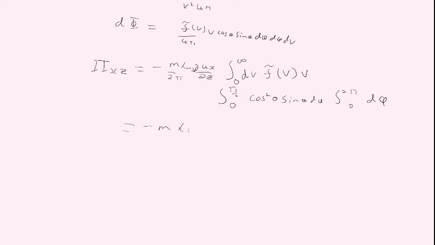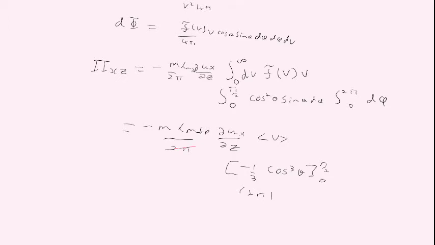So if we then do mean free path over 2 pi dux/dz, this here is the average speed, and if we integrate this we get 1 over 3 minus 1 over 3 cos cubed theta from 0 to pi over 2, and then there we get 2 pi.